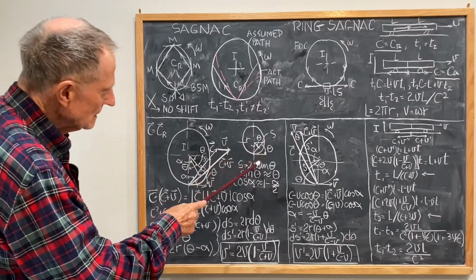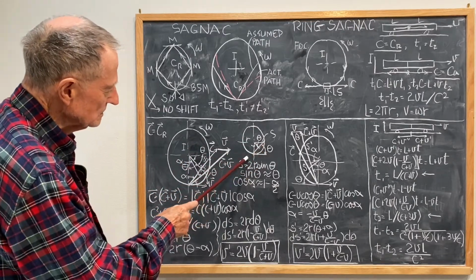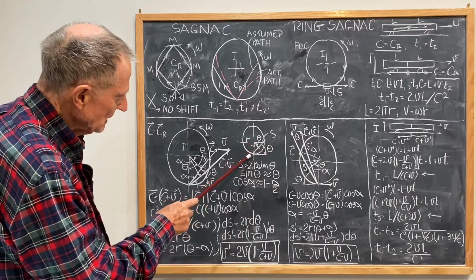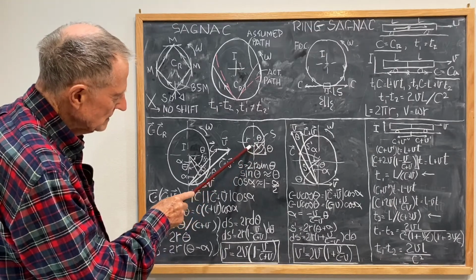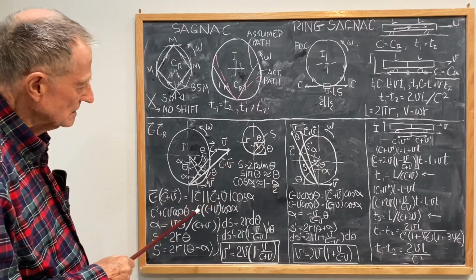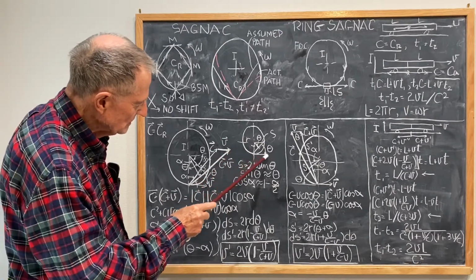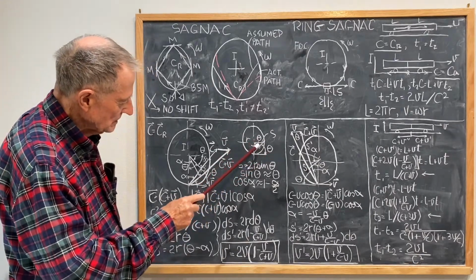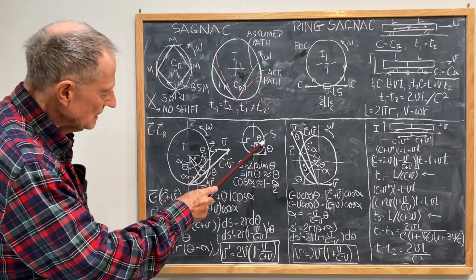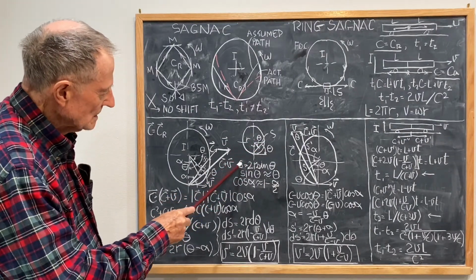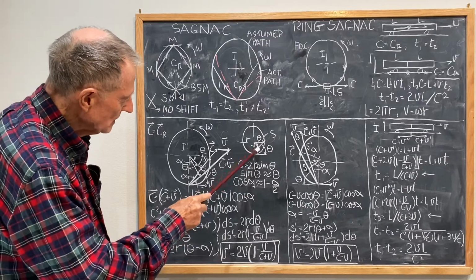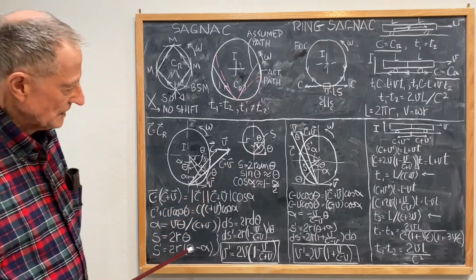If this is a segment on a circle that makes an angle theta, shown here, where this is the tangent and theta is this angle here, then the length of this arc S is equal to 2 r sine theta.